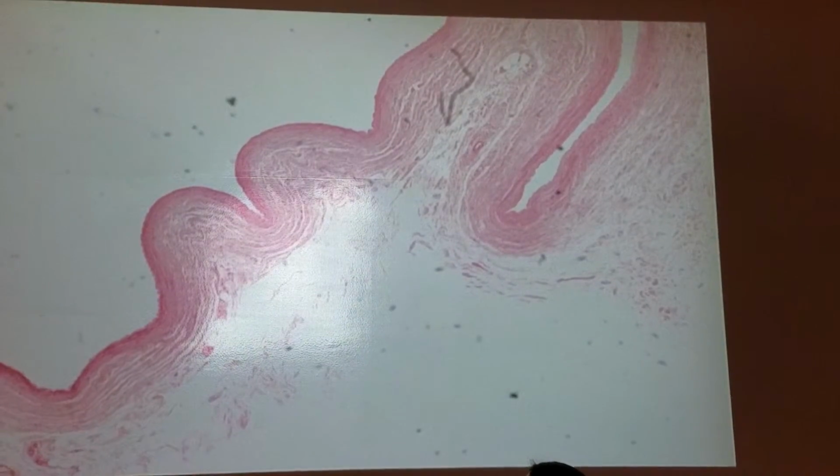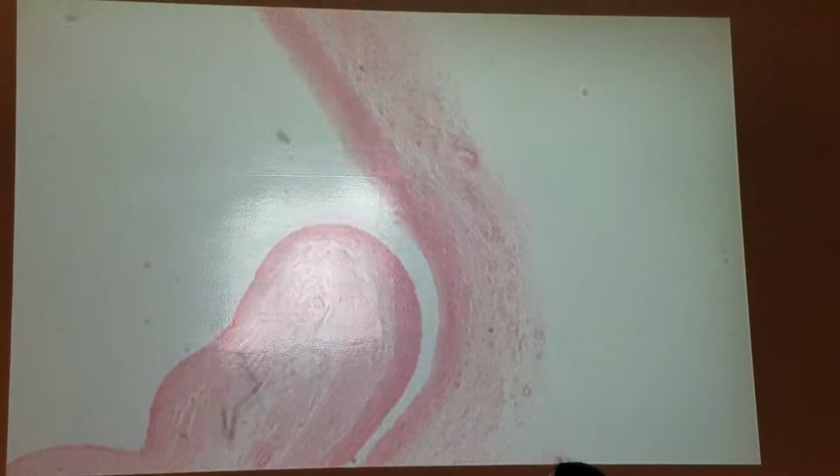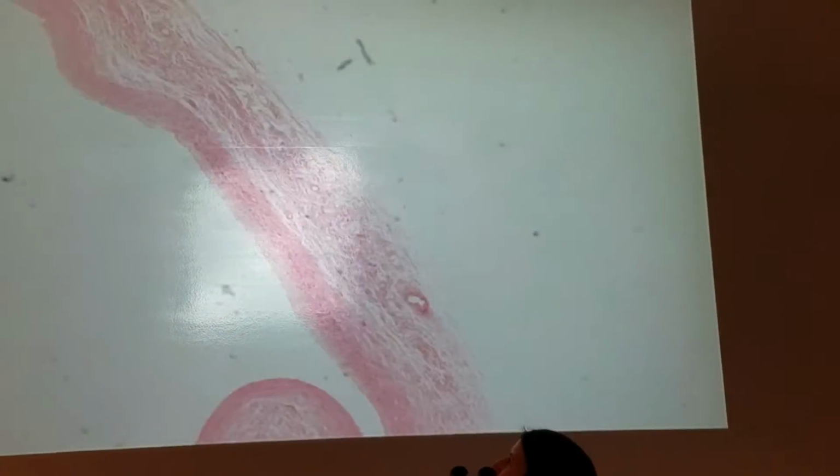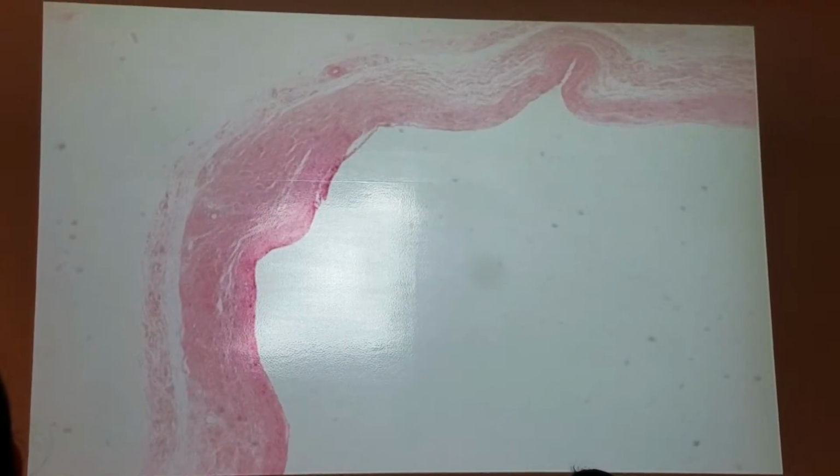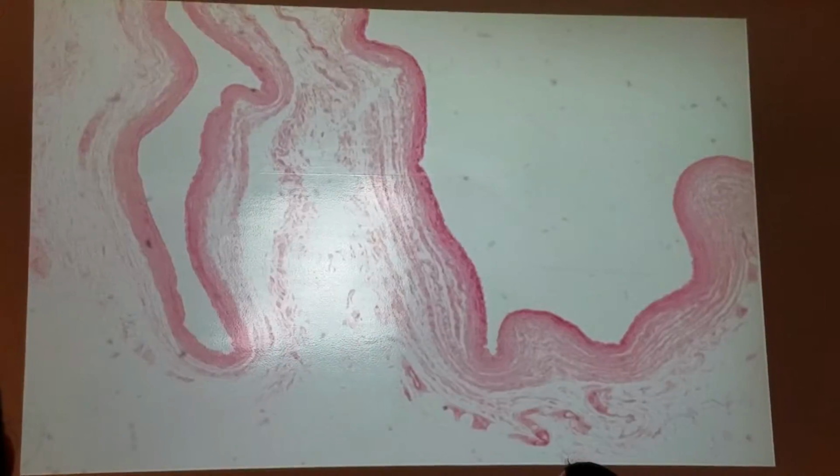One or two? One. Okay, let me talk about what structure means. Structure means it can hold its shape. So that one versus this one. This one holds its shape better.